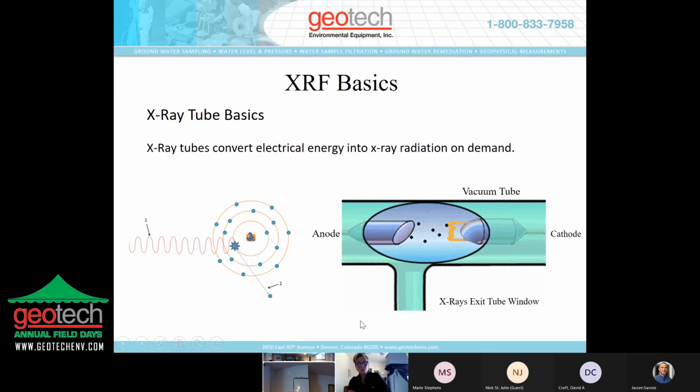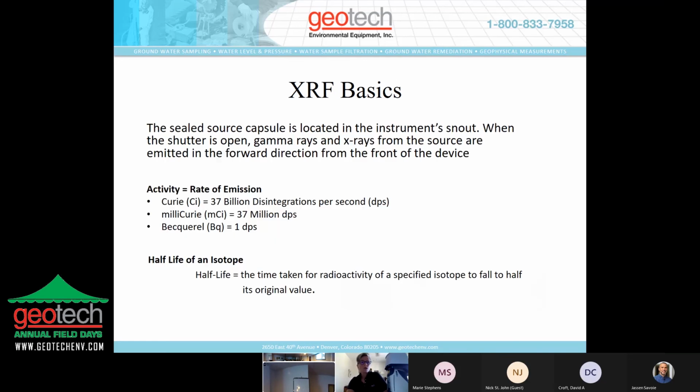One consideration for regulatory folks is that it is an open beam. That means you pull the trigger and anyone in front of the shutter can get exposed to it. But by the same token, you can also just pull the battery and not produce X-rays, as opposed to a sealed source instrument, which is constantly decaying, giving off gamma rays and X-rays.